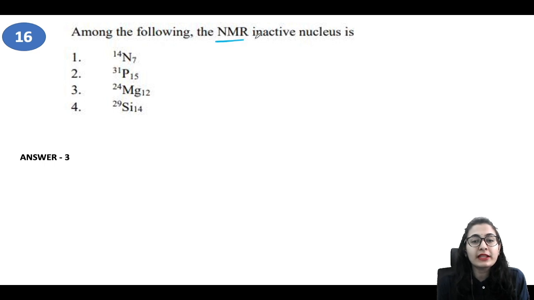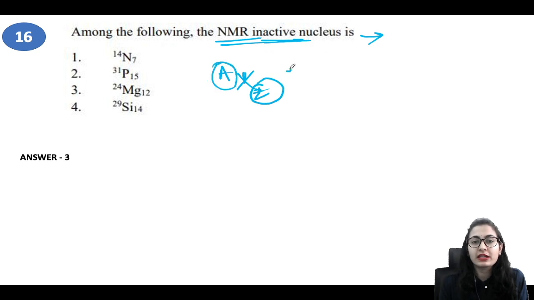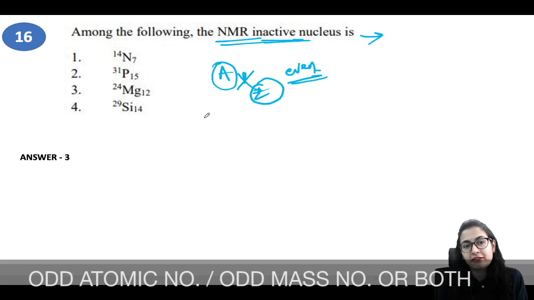Next, among the following, the NMR inactive nucleus is. So you have studied this in the proton NMR, that a nucleus which has both atomic number, let's say this is your nucleus X, both the atomic number Z and the mass number A, if both of them are even, then it is absolutely inactive. हमें क्या चाहिए?